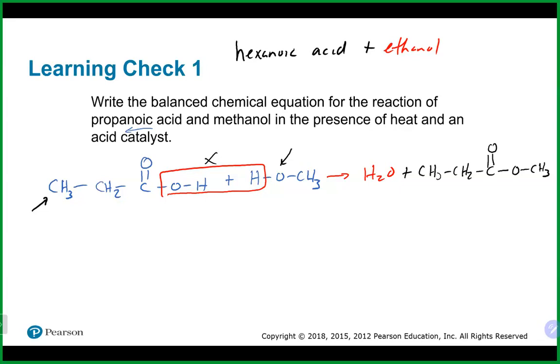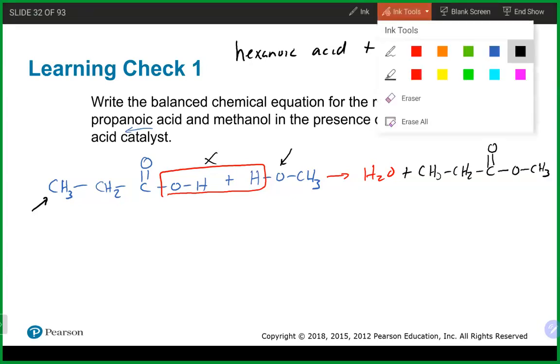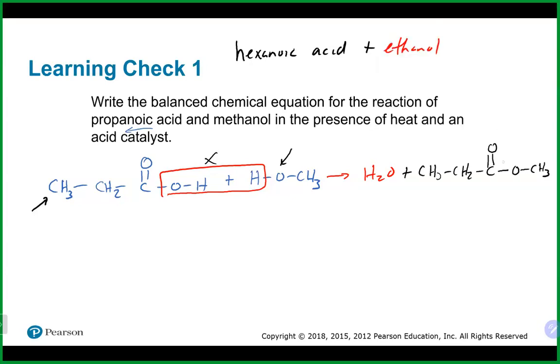Now, in terms of naming, once again, we could split our ester right where those two actually come together. So pretty much right where you took out the water, going towards the single bonded oxygen will always be your alcohol part, which is basically the group name. And that again is 1 carbon, so that's a methyl.